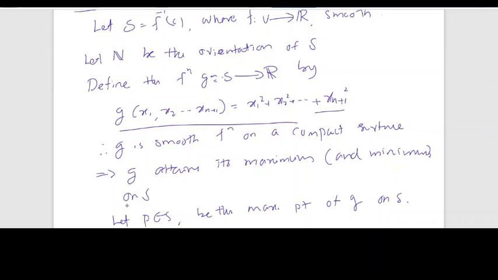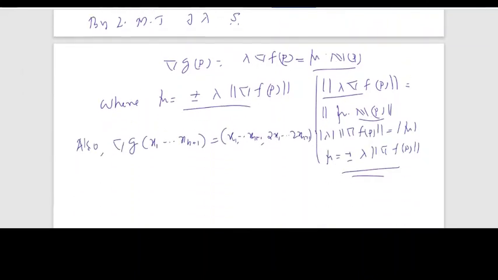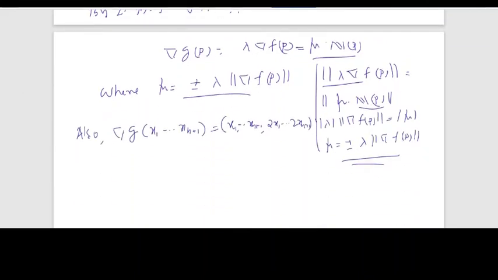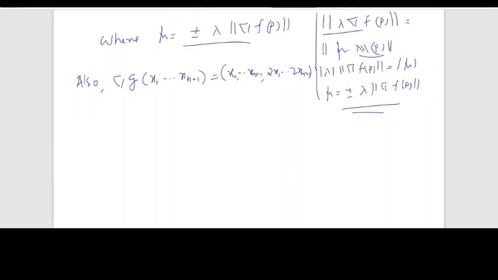So del g is equal to 2x1, etc., 2x(n+1). So this means del g of p equals 2p, where p equals x1, x2, etc., x(n+1).